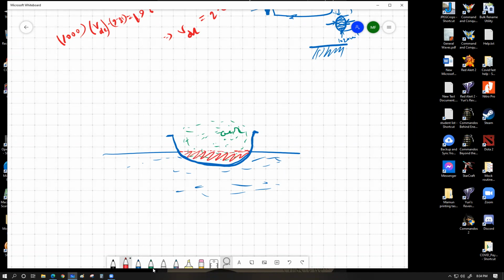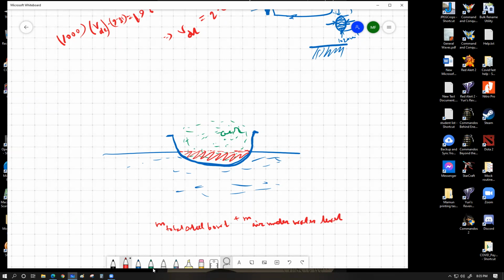So I'm going to write it this way: mass of total steel bowl plus mass of air under water level. This is the total amount of mass that you have.